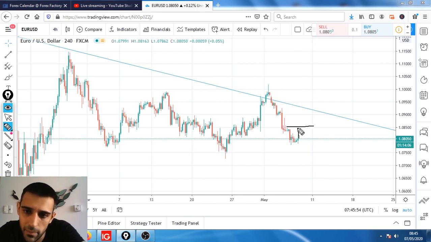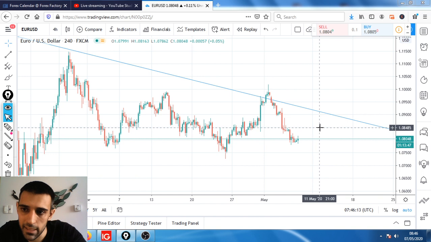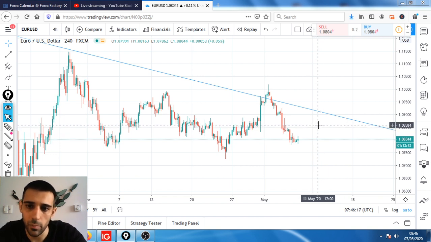If the price comes up and closes around somewhere like this one on a 4 hourly candle, not a 1 hourly candle, then that will be the sign that maybe the price wants to continue and potentially come up to this level in here. But this is more of a developing, under development, let's say.